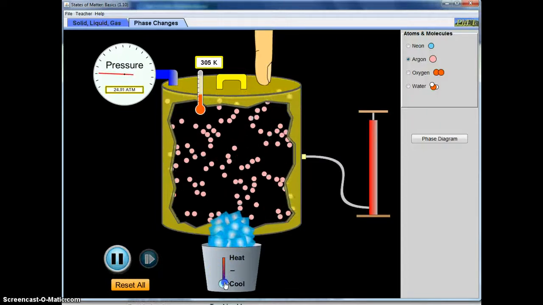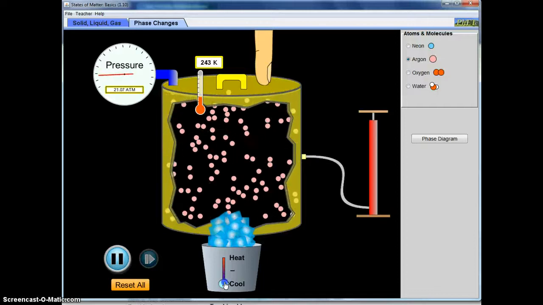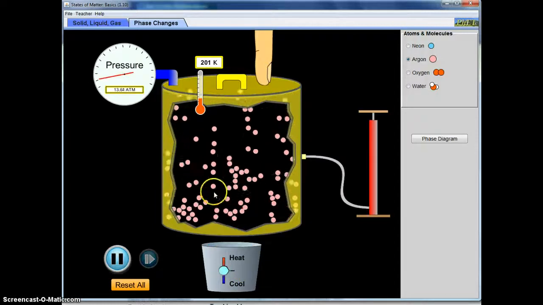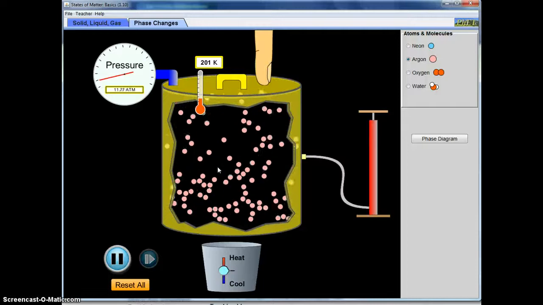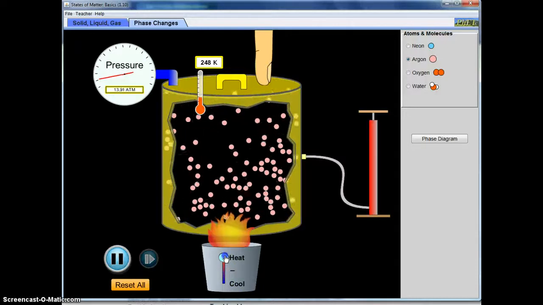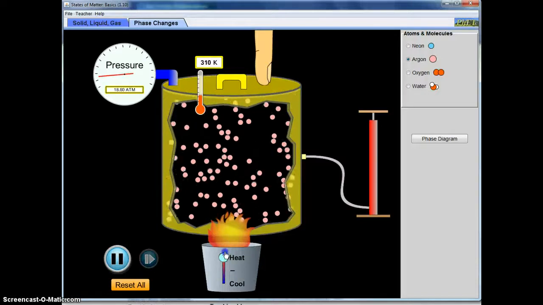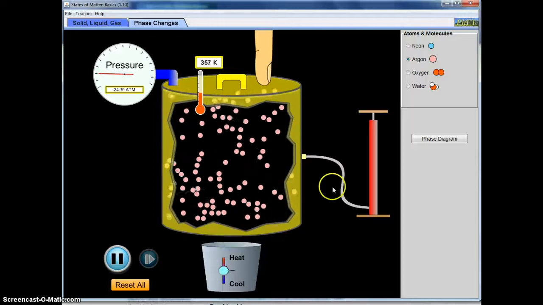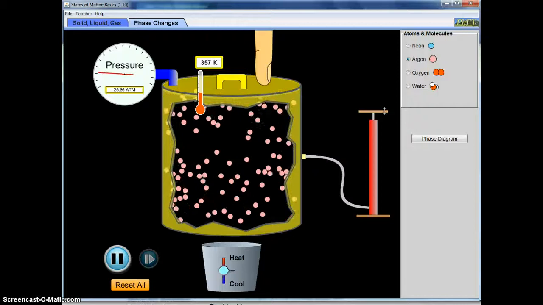The temperature inside the canister is going to reduce, the kinetic energy reduces, and thus the pressure reduces because those atoms aren't as excited and they're not moving as fast. So again, I heat it up, and it's going to increase pressure because those atoms are really moving and banging up against the sides of that container.